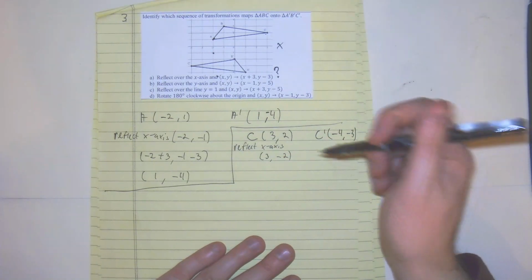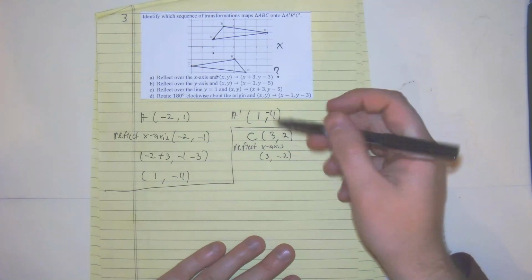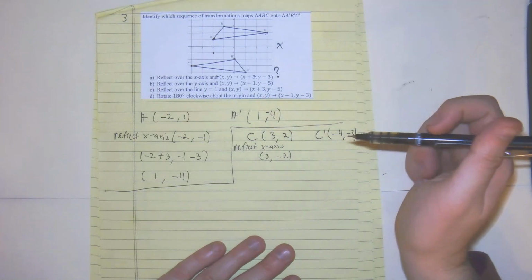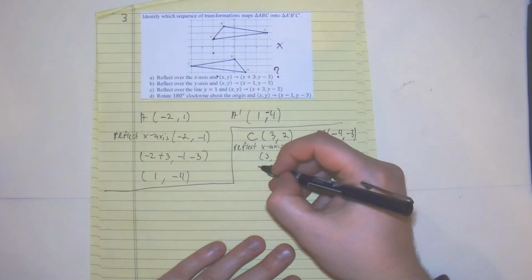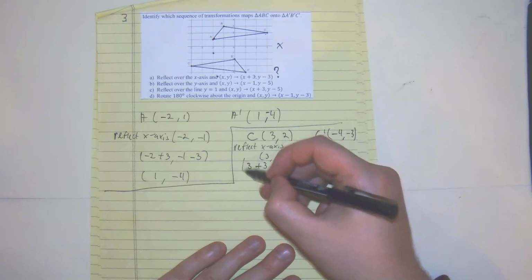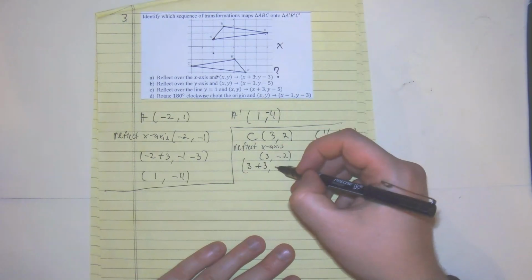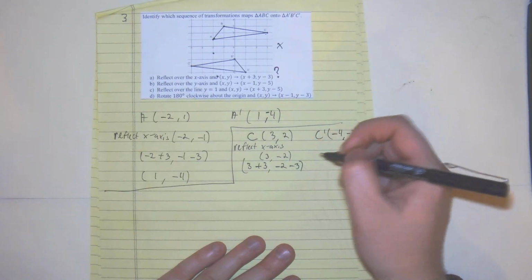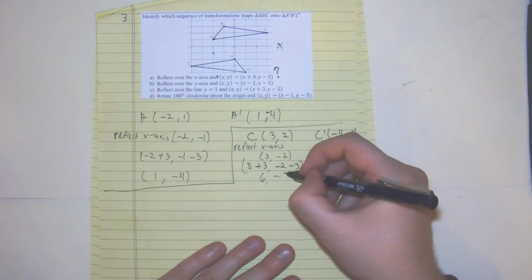Next, it wants us to plug it into this equation, x plus 3, y minus 3. So we add 3 to 3, then we do -2 minus 3. We get (6, -5).